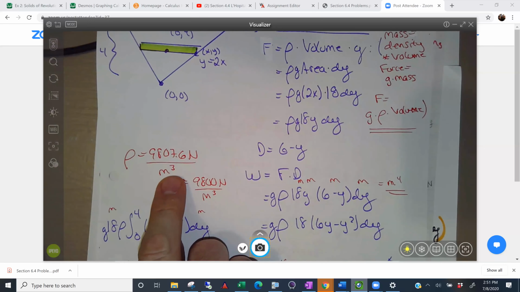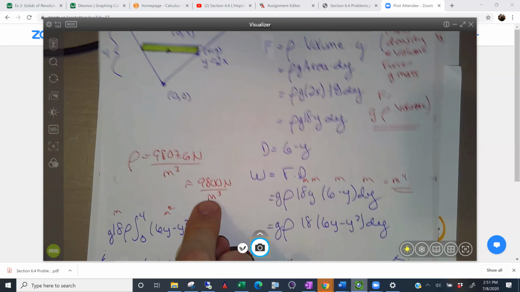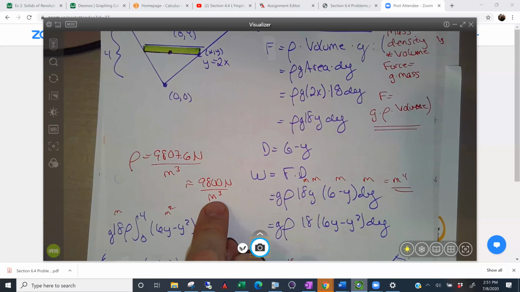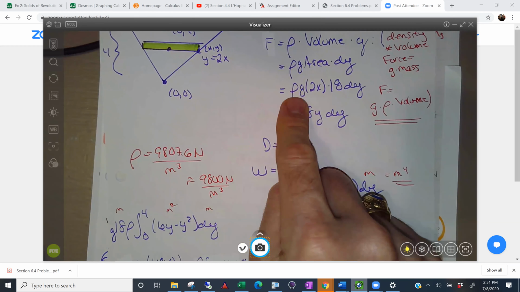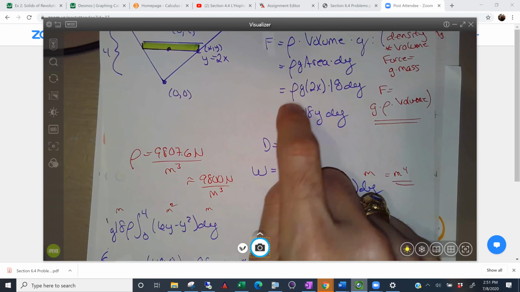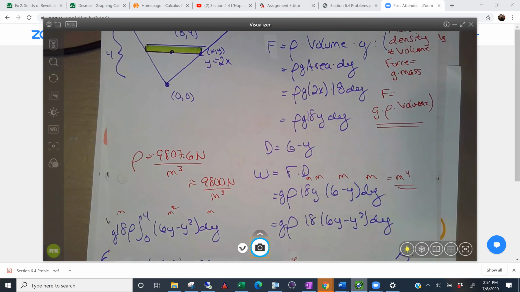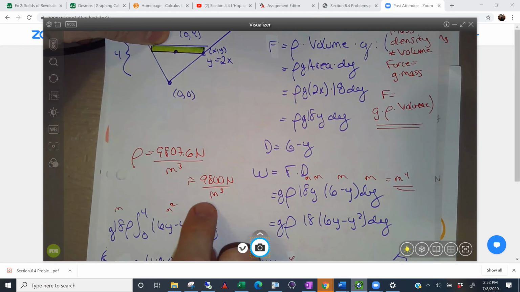A nice way to keep track of things is to use the density as 9,800 newtons per meter cubed. So that'd be what you can use there, and you can just use rho instead of rho times g, because there's a couple things going on with that. But it's just easier to use that for your density and not have to worry about density times gravity.